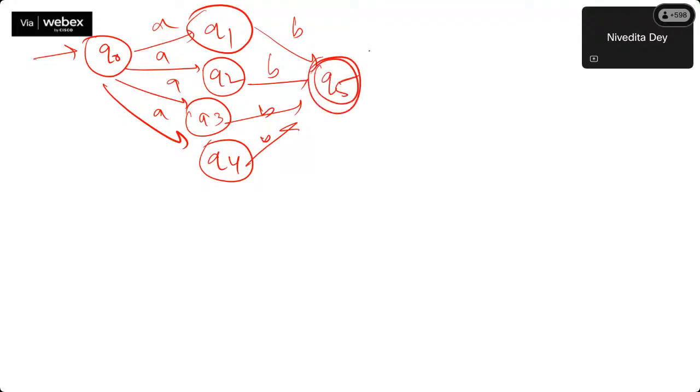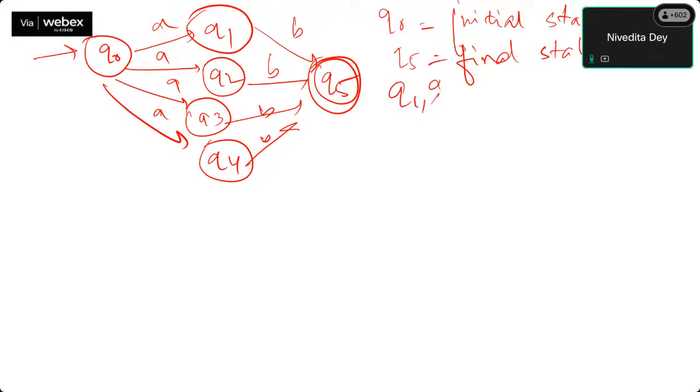So here Q0 is your initial state, Q5 is your final state, and Q1, Q2, Q3, Q4 are all the intermediate ones.